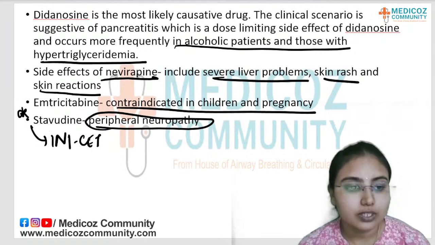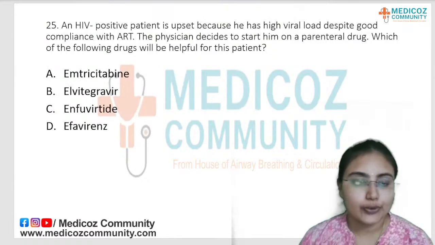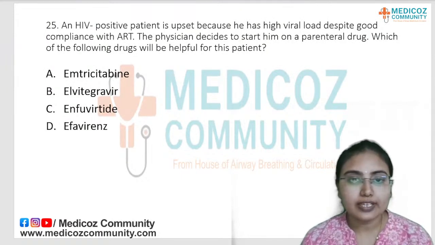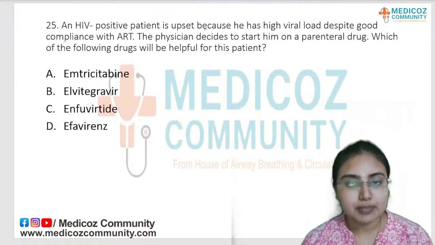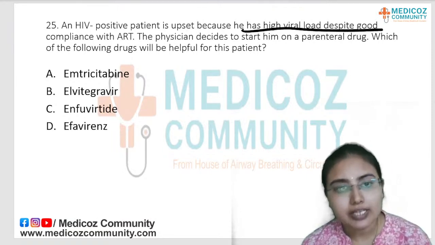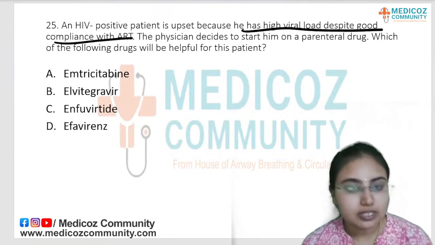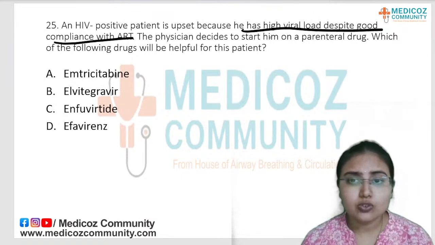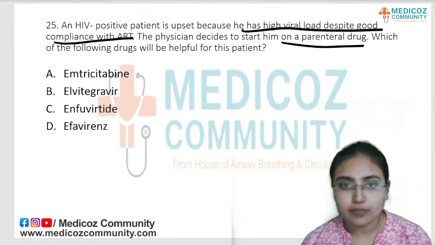Okay? All right. The last question for today's case scenario: an HIV positive patient is upset because he has high viral load despite good compliance with ART. So the physician decides to start him on a parenteral drug.